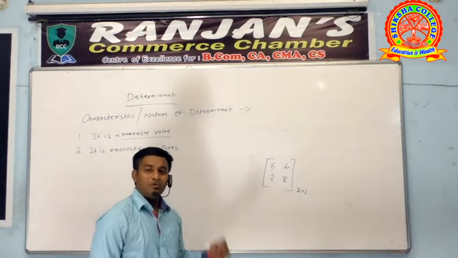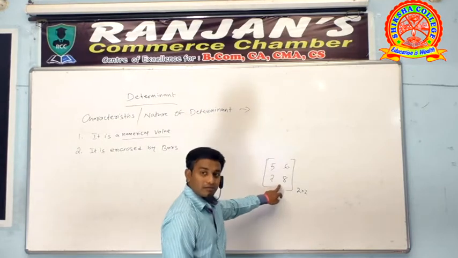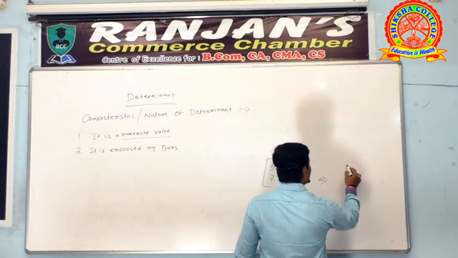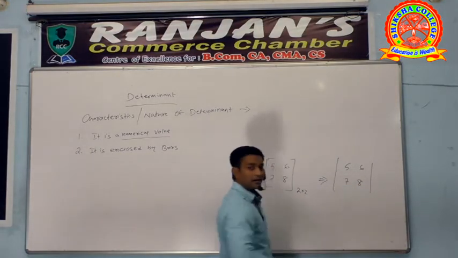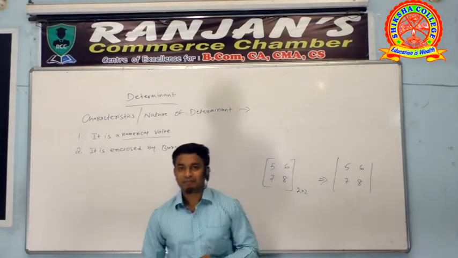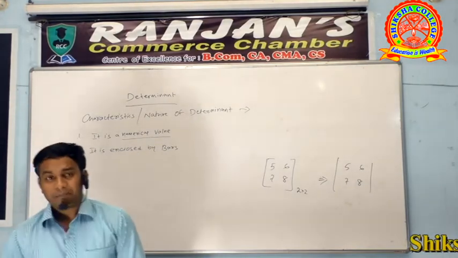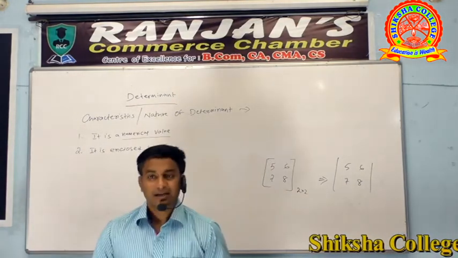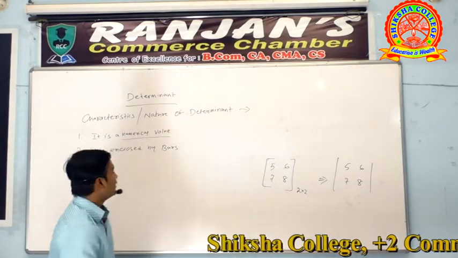If we are asked to find the determinant, symbolically we use bars, meaning we need to find the determinant of this matrix. Clear, students?